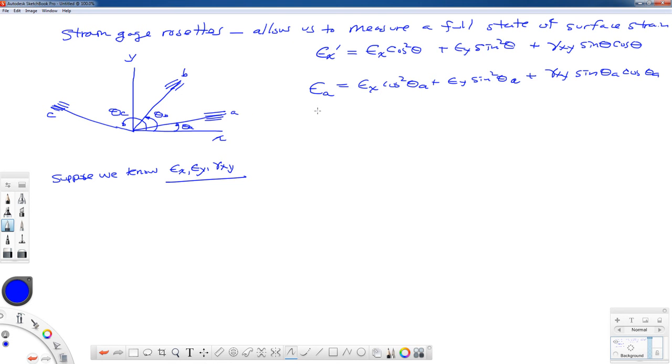And in the same way, I should be able to figure out what the other 2 strain gauges ought to read. It's just the same equation. Instead of having theta A in them, now I'm going to use theta B for the B gauge reading and theta C for the C gauge reading.